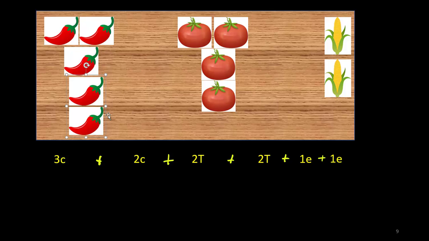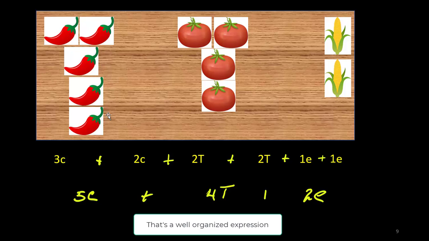So instead of writing 3c plus 2c, I'm going to convert that. 3 plus 2 is going to be 5c. Instead of 2 tomatoes plus 2 tomatoes, I'm going to go ahead and make that 4 tomatoes. And then instead of 1 ear of corn plus 1 ear of corn, I'm going to go ahead and make that 2 ears of corn. And then go ahead and put in the addition sign like this.